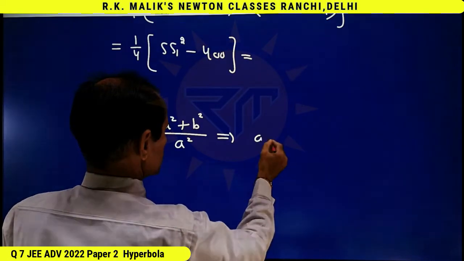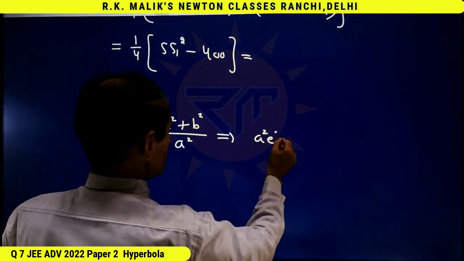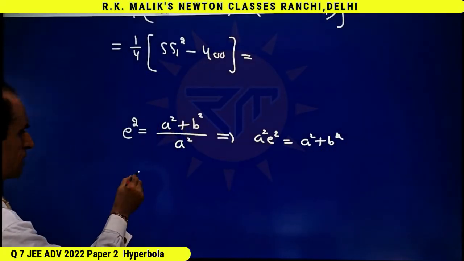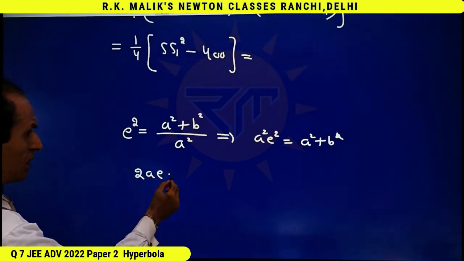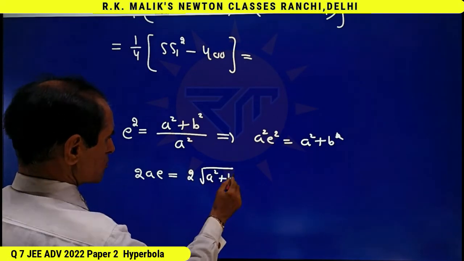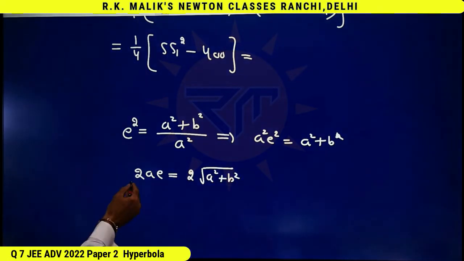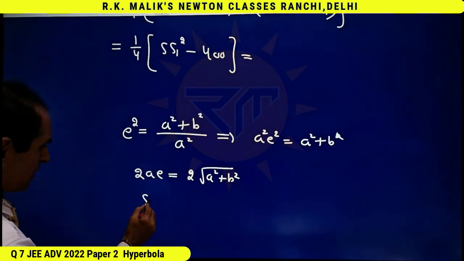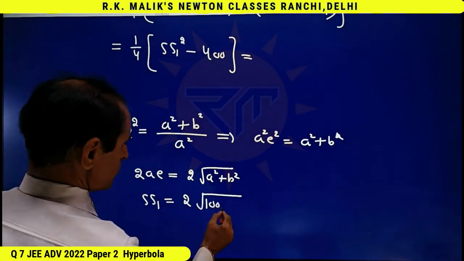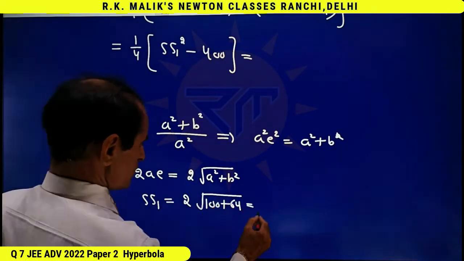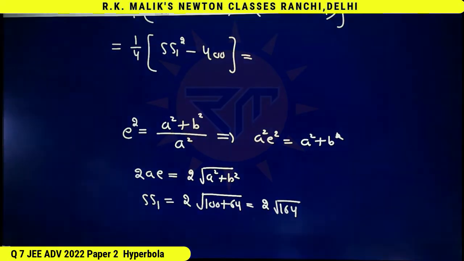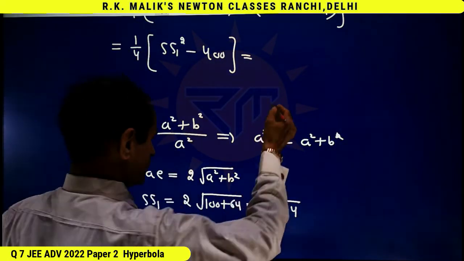It means A square E square is A square plus B square, that is 2AE is equal to 2 under root A square plus B square, and 2AE is clearly S1S, 2 under root 100 plus 64, that is 2 under root 164.